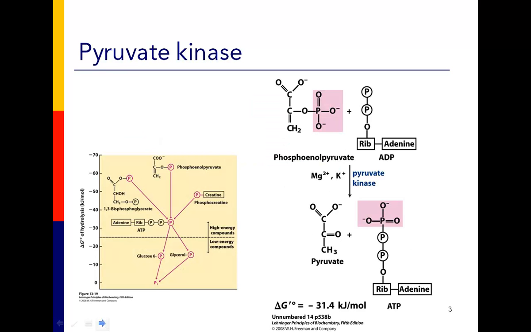Now we can dump that phosphate group from phosphoenolpyruvate to a molecule of ADP for our second ATP production reaction. Okay. So this is basically the second payoff step. Okay, and this kind of production of ATP is called substrate level phosphorylation.